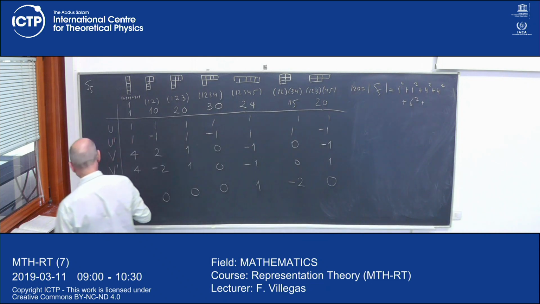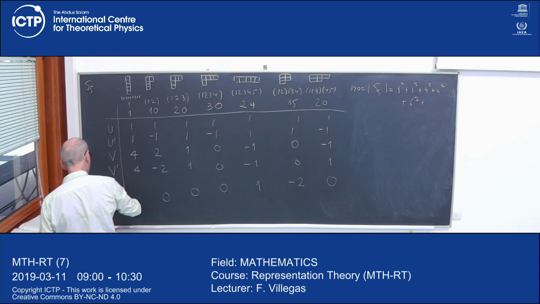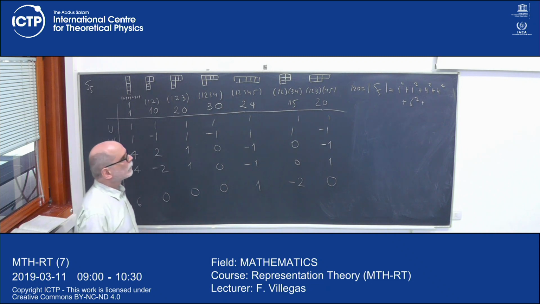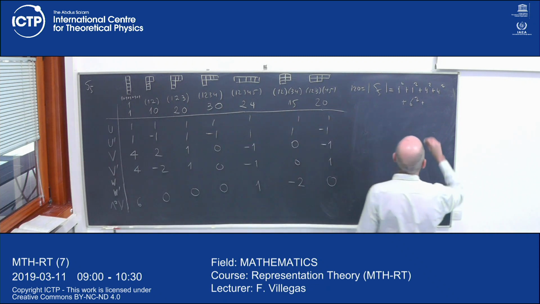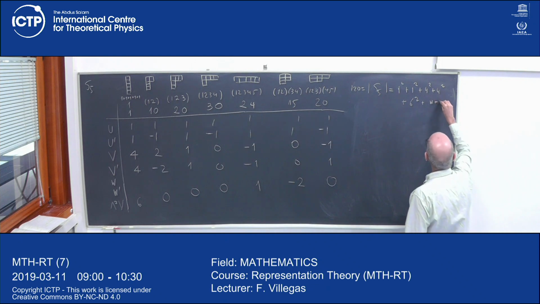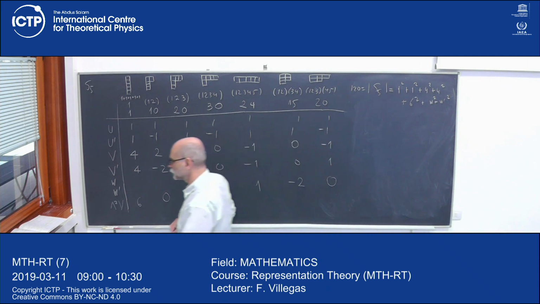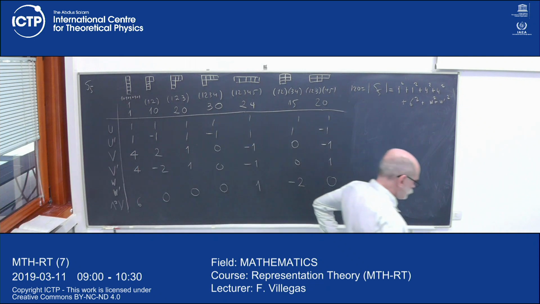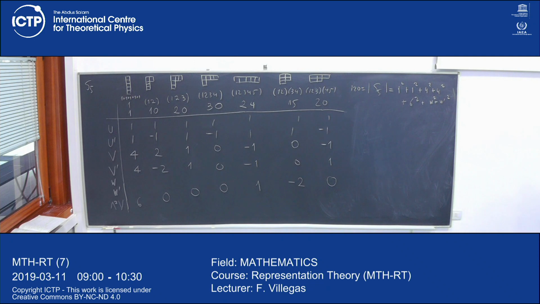We have 2 representations missing. I'm going to call one W, and the other one W prime, the tensor with the sign representation. There are 2 numbers, W and W prime, the dimensions of these missing representations, that should satisfy this equality, and they are non-negative integers. So what could W and W prime be?